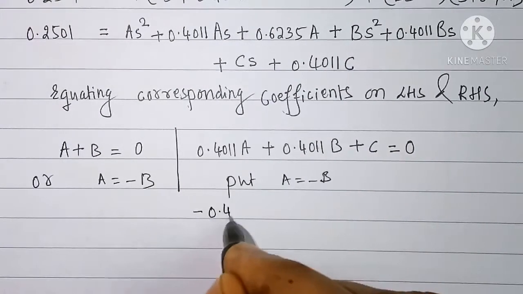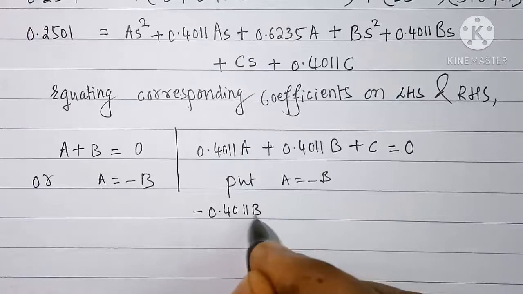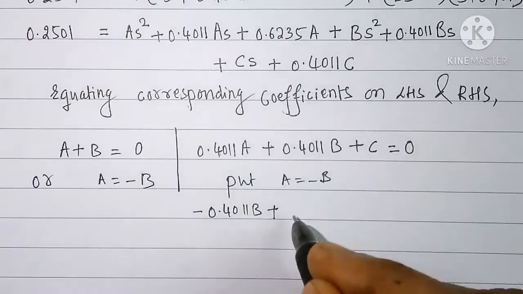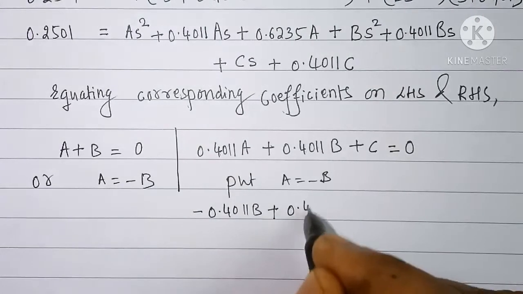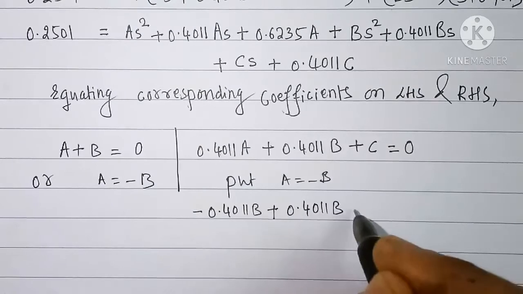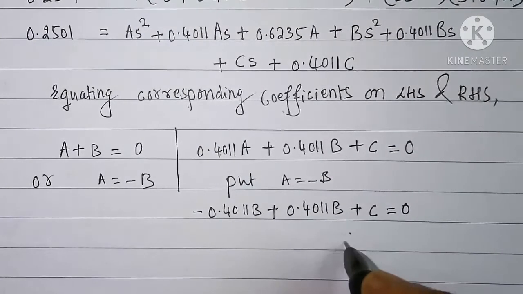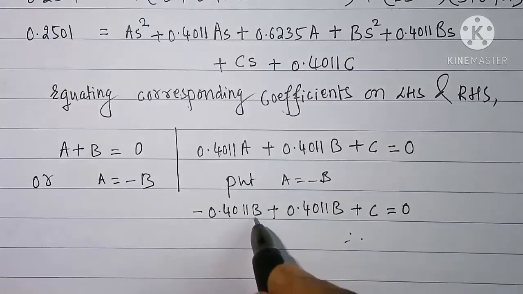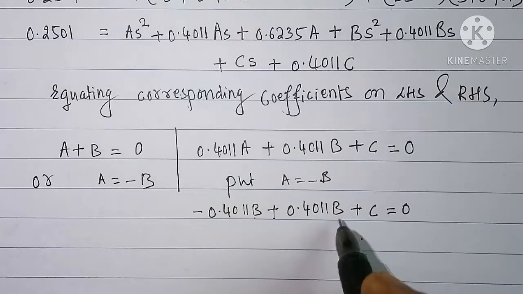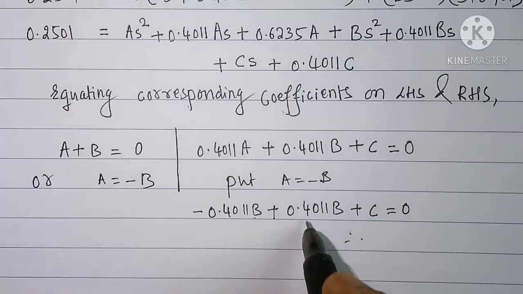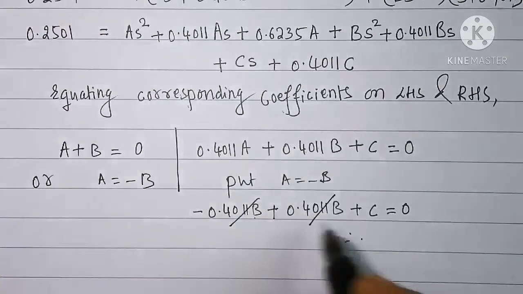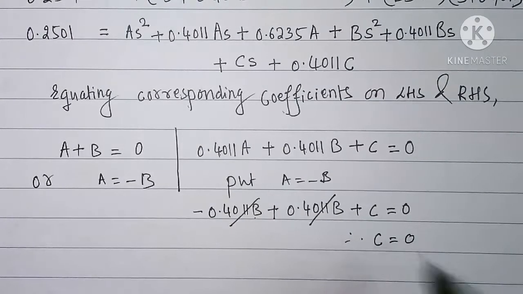Minus 0.4011 b plus 0.4011 b plus c equal to 0. Here the coefficients of b are equal but with opposite signs, so they cancel each other, hence c becomes equal to 0.